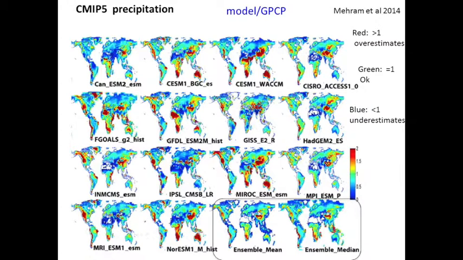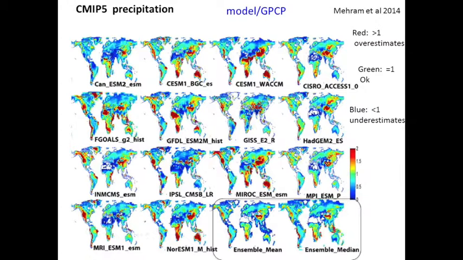For example, the red here means that the model overestimated. We see it in the Rocky Mountains, in the Andes Mountains, again in the Tibetan region, and South Africa, and the same happened with the median.